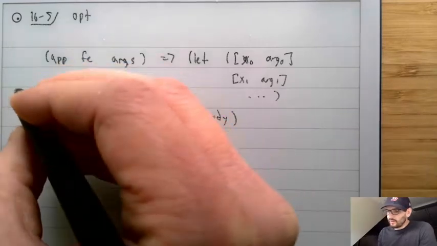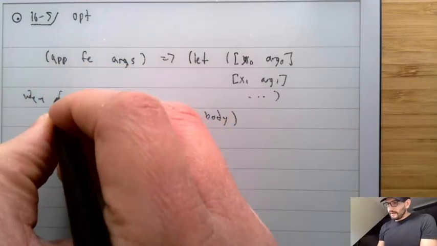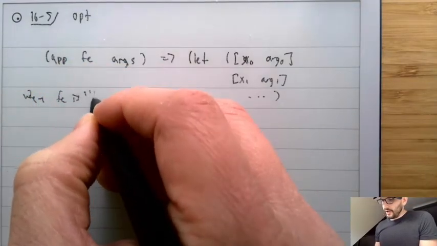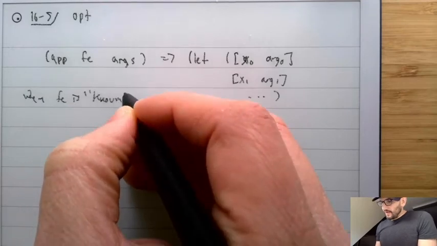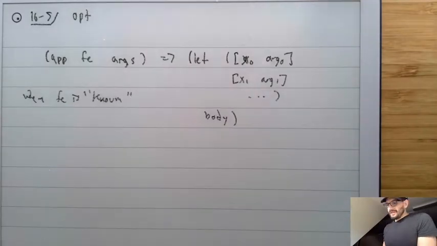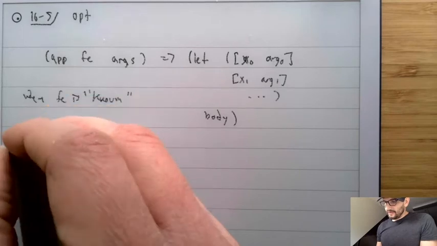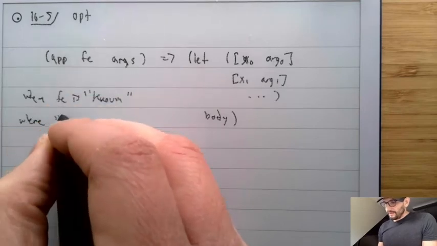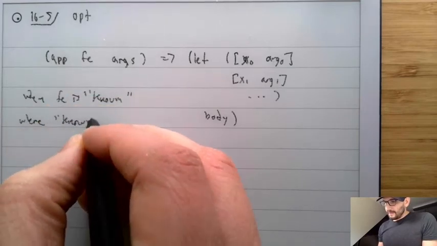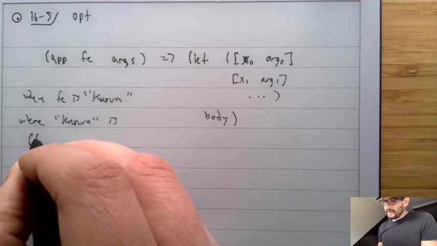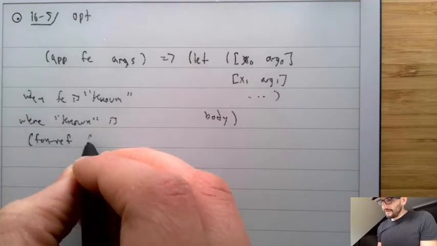And you do this when fe is known. Now, what it means to be known is that known is some top-level function that you're calling.